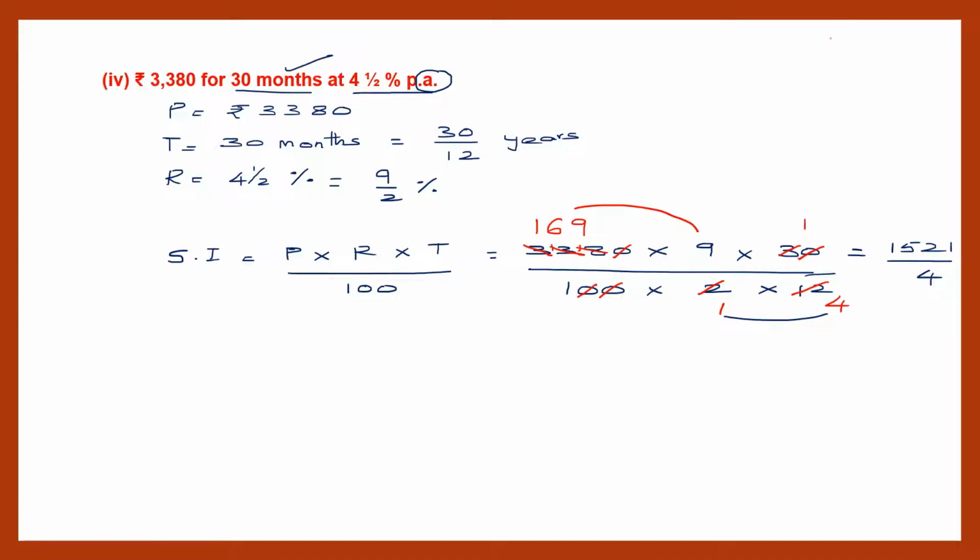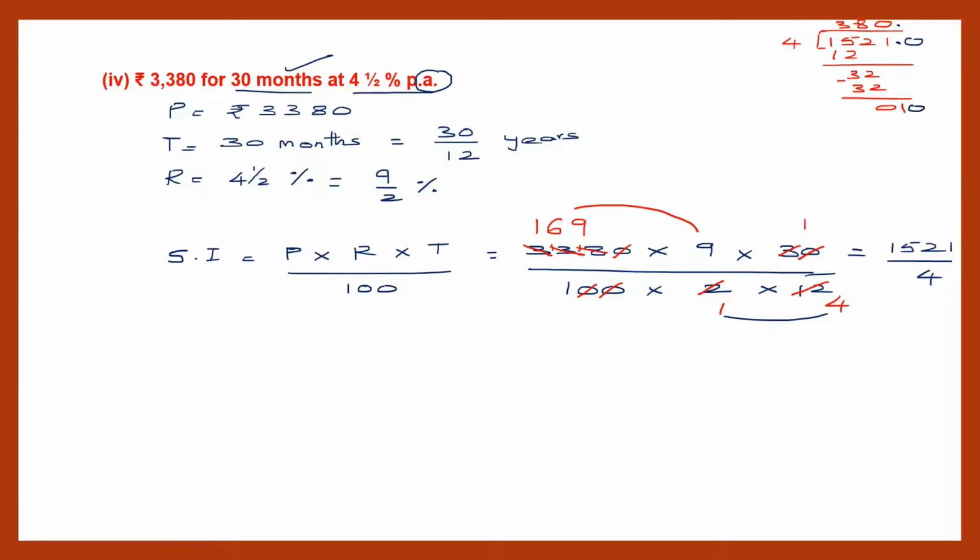So let's divide 1521 by 4. Let's take 15. So 4 threes are 12 minus, now we have 3, bring down 2 to make 32. 4 eights are 32. So minus that, 0, bring down 1. 1 is smaller than 4, isn't it? So we put a 0. Now let's continue our division to get a decimal number because it's in rupees. So I'm going to put a point here, carry that point up. Now after this I can put a 0.